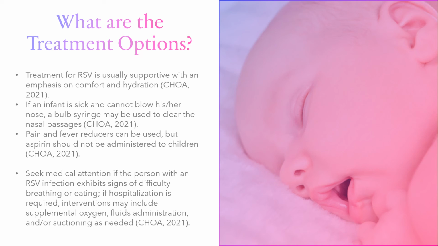Pain and fever reducers can be used, but aspirin should not be administered to children. Remember, seek medical attention if the person with RSV exhibits signs of difficulty breathing or eating. If hospitalization is required, interventions may include supplemental oxygen, fluid administration, and/or suctioning as needed.